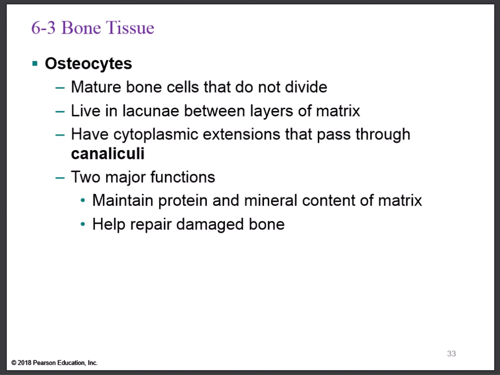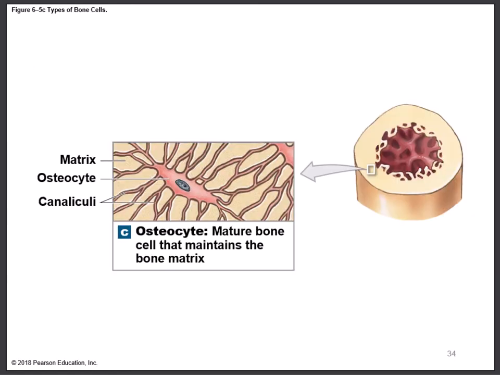If the bone were to become damaged, like in a fracture, and the osteocyte is removed from its lacuna, it can convert back to an osteoblast and help with repair, like fracture repair. But on a normal day-to-day basis, when the bone is healthy, the job of the osteocyte is going to be to maintain.